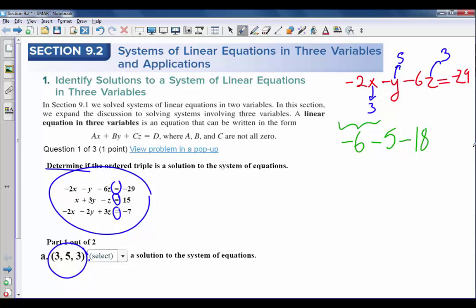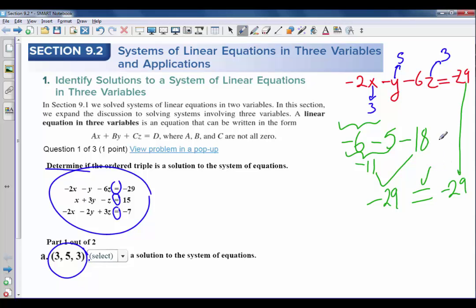And I won't match this until I simplify it. Minus 6 minus 5 adds up to minus 11. But these two add up to minus 29. Now let's bring this all the way here. What do you see? Do you have an equality? Did you get the same thing on the right and left? Yep.